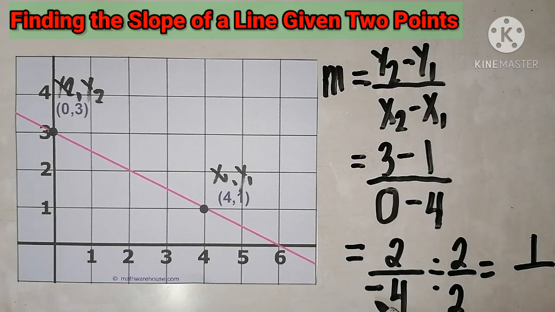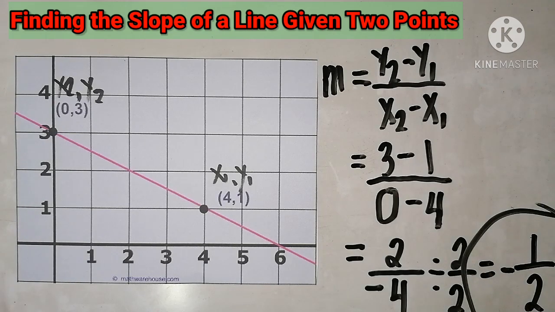Then we have negative 4 divided by 2, that is equivalent to negative 2, or you can write negative 1/2. So therefore, our slope is equivalent to negative 1 over 2. So the rise is 1, then the run is equivalent to 2. So we have negative 1 over 2 as the slope.